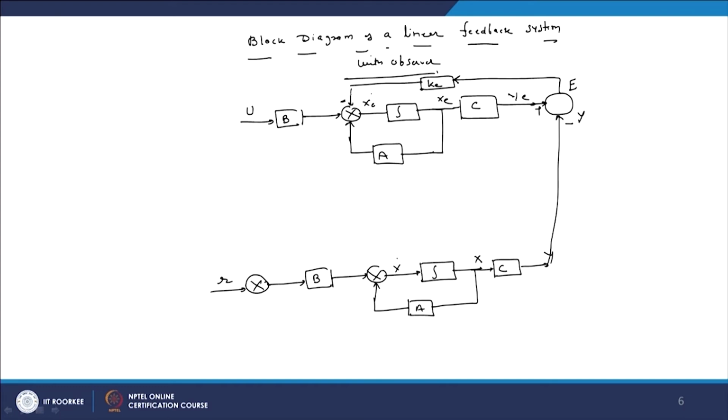Now this state xc we have to move through the controller kc, coming here, and this input u is the same, coming like this.